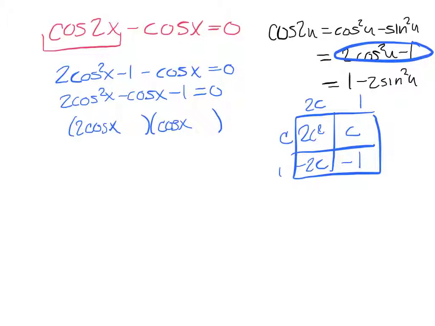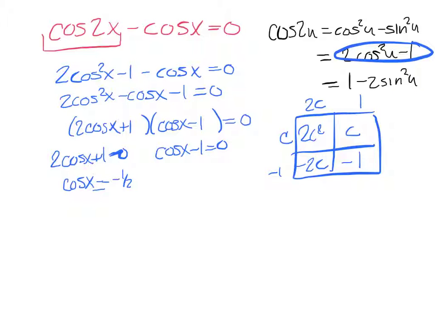So it'll be 2 cosine x plus 1 and cosine x minus 1. And those all equal 0. And so now I set each one equal to 0 and solve. So I get cosine of x equals negative 1/2 and cosine of x equals 1.